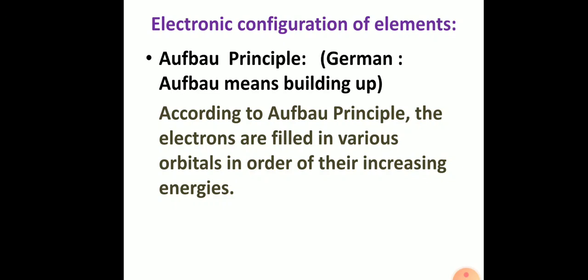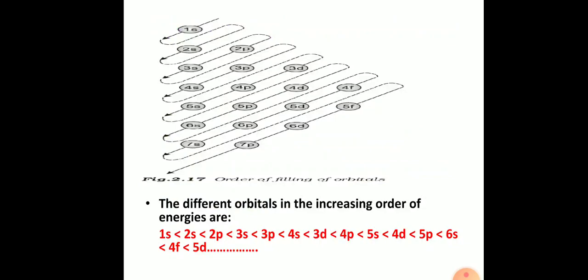Now to understand this statement, we'll take the help of a diagram. Over here in this diagram, we have drawn bubbles. In the first row we have got 1s, 2s, 3s, 4s, 5s, 6s, 7s. In the second row, beside the 2s we have got 2p, 3p, 4p, 5p, 6p and 7p.